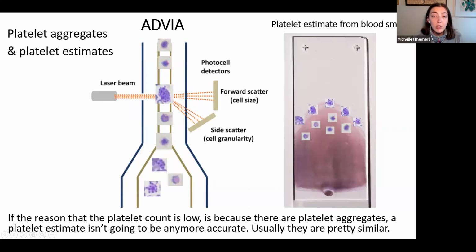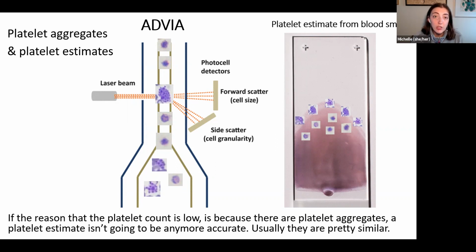I think there are some situations where it's worth it to say, hey, can we double check this? If we think that the ADVIA counted something as platelets that weren't platelets, or missed platelets, for example, with macrothrombocytopenia, sometimes it doesn't catch those really, really large platelets. So the automated platelet count might actually be lower than it actually is in Cavaliers, because it's not counting the giant platelets.